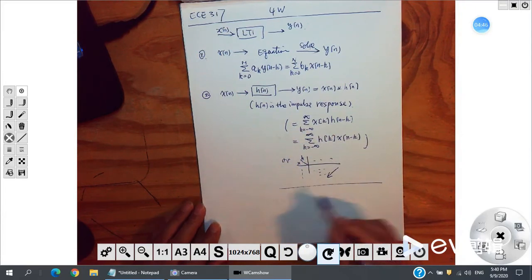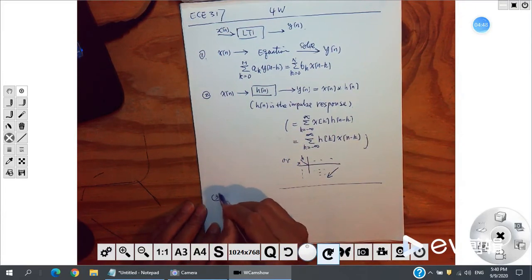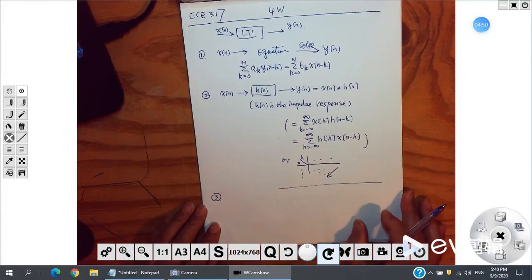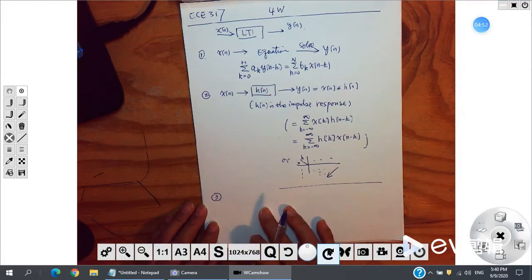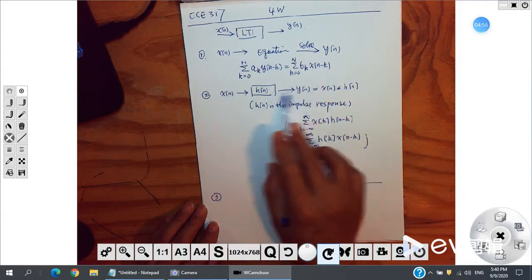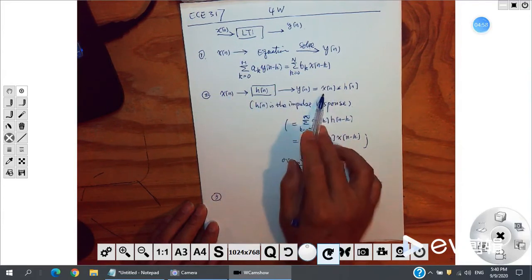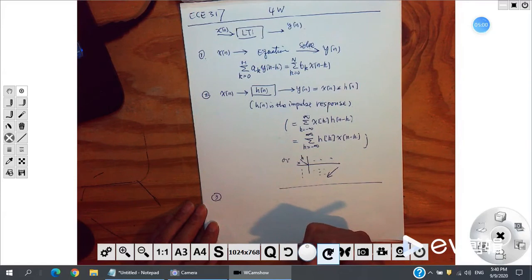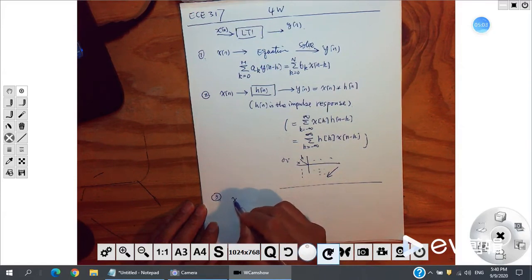Okay. Then the third way, this is what we studied last time. We use the Fourier transform. So basically, it's still this one, but we go to the frequency domain. We have x of n, we perform the Fourier transform, which is now the discrete time case, right?